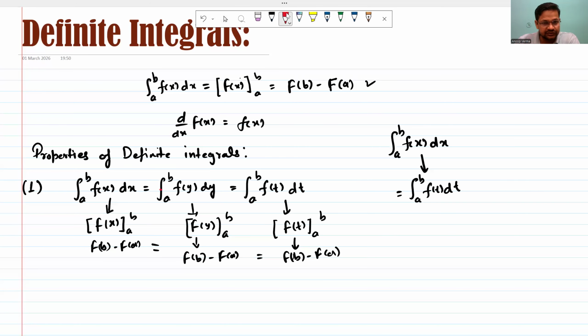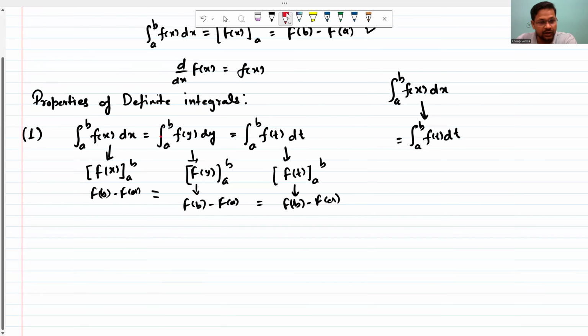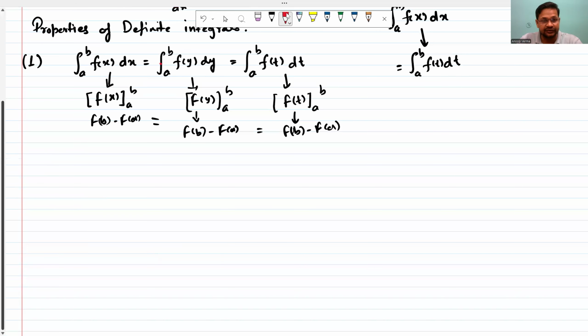Okay, what is the second property of the definite integral? So this is first one, and first one is what, we are able to change any of the variable.